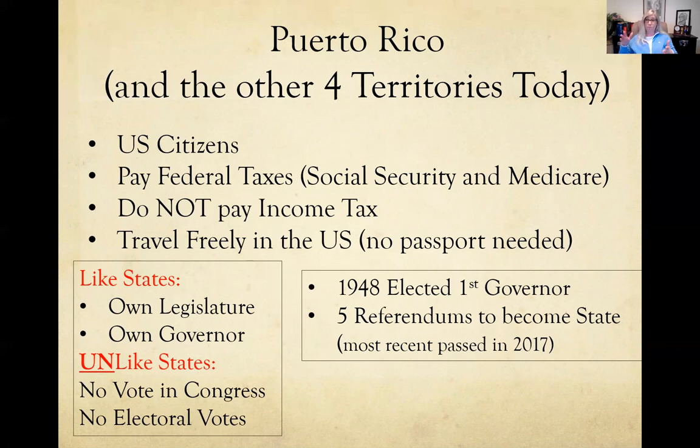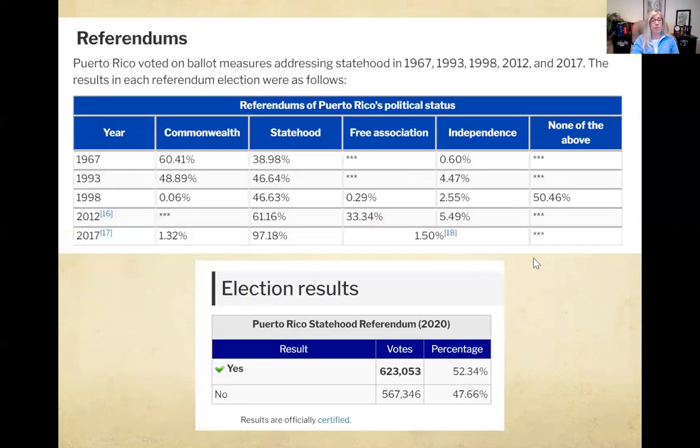Now, there are arguments to both sides of this. They've got some protections, they've got some benefits from not being a state, but they have some things that are a problem because they're not a state. So the referendum votes in these elections, these were the previous 5 where they had voted, but the other ones were just really messy. And you had all of these different options.